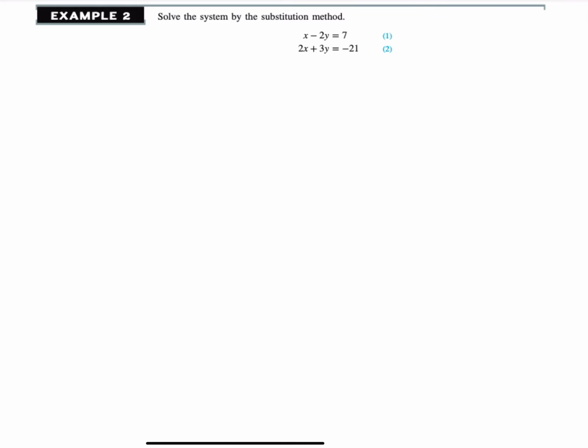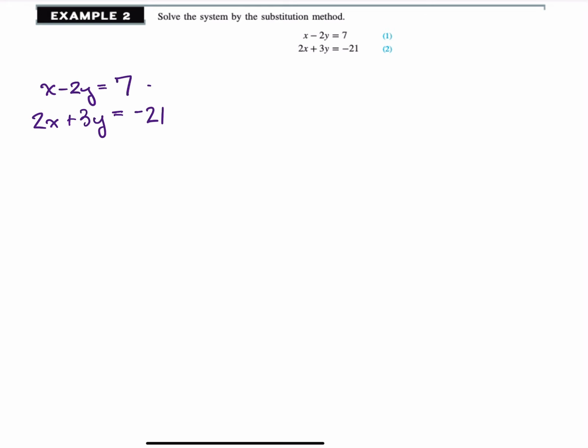So we have two equations, x minus 2y equals 7, and then our second equation, 2x plus 3y equals negative 21. So we need to pick one of these. This time we'll have to do a little bit of extra work by solving one of these for one of the variables.